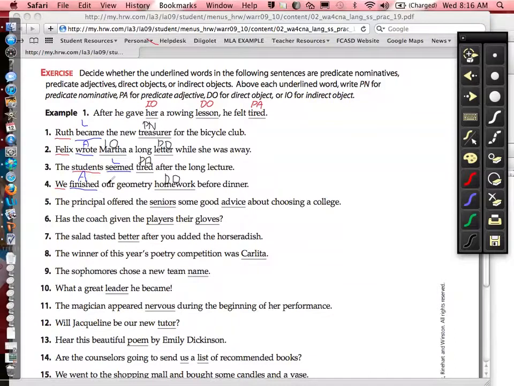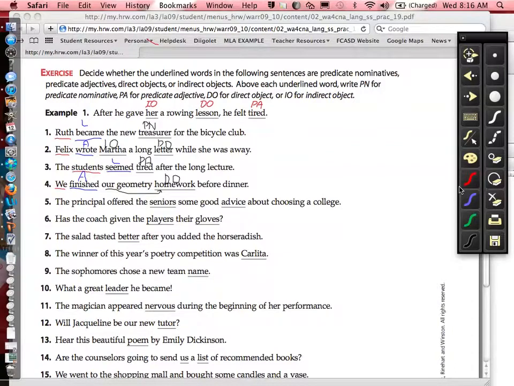For who? Isn't that an indirect object? And this is where we get tricked sometimes. Our is modifying homework. It's a possessive pronoun, which is functioning as an adjective, telling us whose homework it is, modifying homework. It is not an indirect object. It is a possessive pronoun. So keep that in mind.